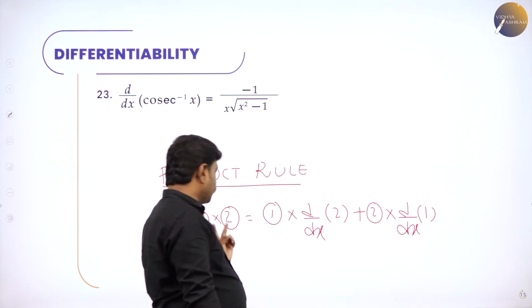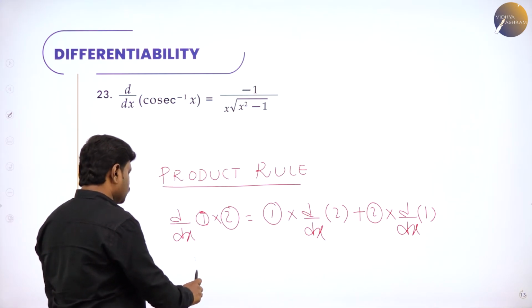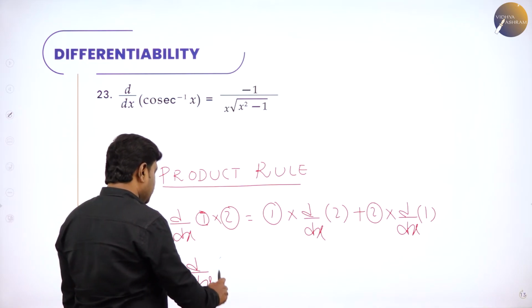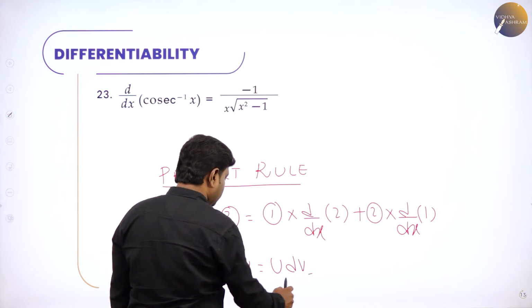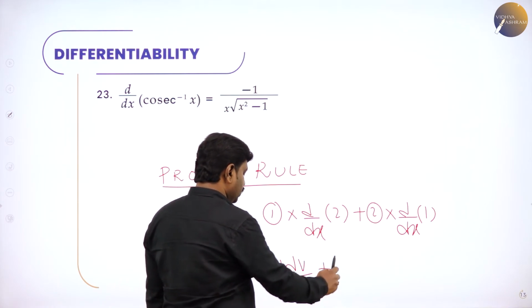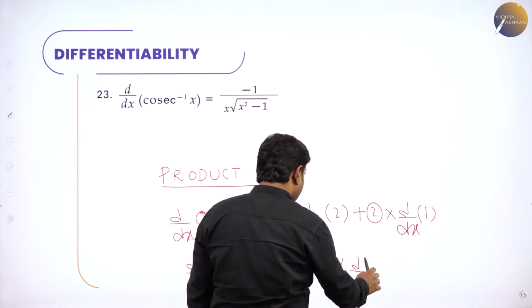Same thing we can also call the UV rule. D by dx of u into v, you can write as u into dv by dx plus v into du by dx. First into derivative of second plus second into derivative of first.